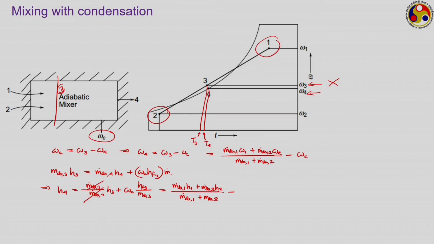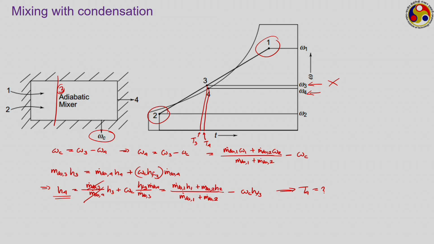This is also multiplied by m dot dry air 4, because omega c is defined in terms of m dot dry air 4. So, leaving us omega c into Hf3. As we have already calculated omega c from practical measurement or some other information, you can easily get the value of H4, and once you know H4, you can get the value of T4 as well using the formula that we keep on using till now.